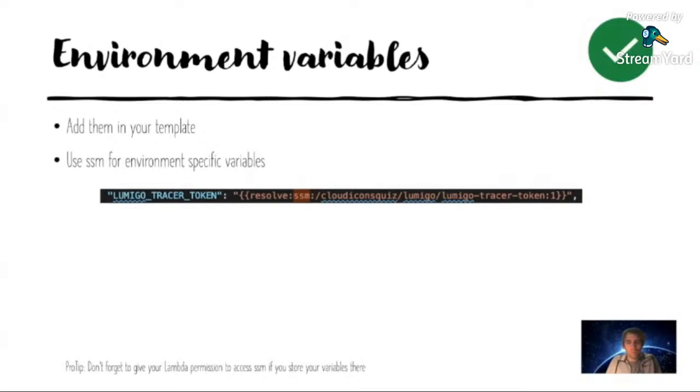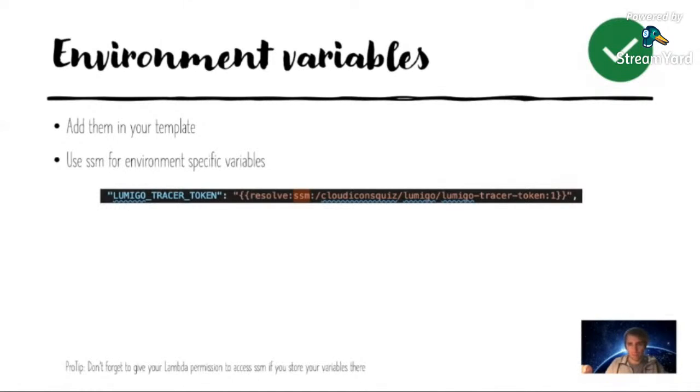What I choose mostly, if I need environment variables that are different across different cloud accounts, production, test, dev, I set up these in the parameter store in the SSM service, and then in my CloudFormation template, I am resolving that environment variable from the SSM service.